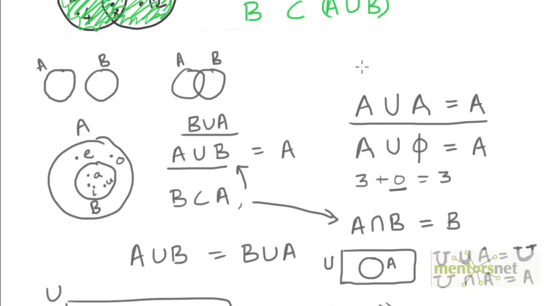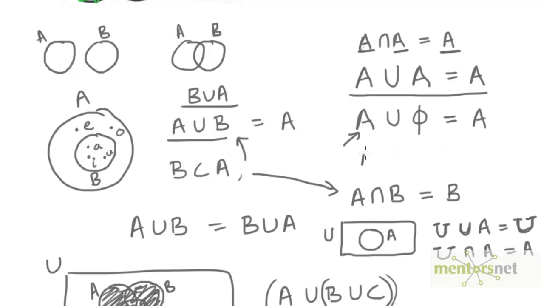What if we take the intersection of the set A with itself? This would also be the set A. Just like the union of A with itself is A, the intersection of A with itself is also A, because every element of A is common to both this set and to this set. So it's going to be present in the set that's formed by taking their intersection, which will be nothing but the elements of A itself.